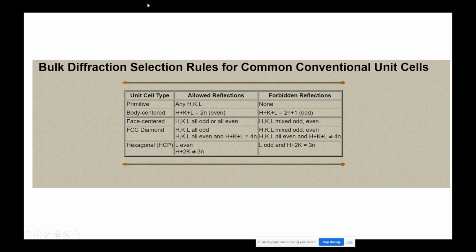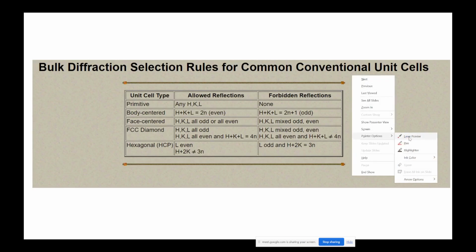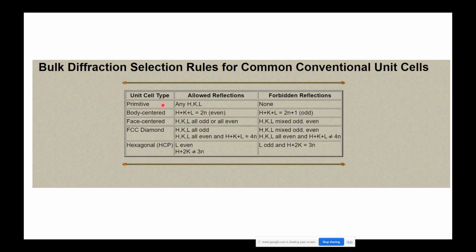So, bulk diffraction selection rules for common conventional unit cells are what? You have to remember this. When you have a primitive unit cell type, what is the allowed reflection and what is the forbidden reflection? For primitive, any HKL is allowed and forbidden reflection is none.